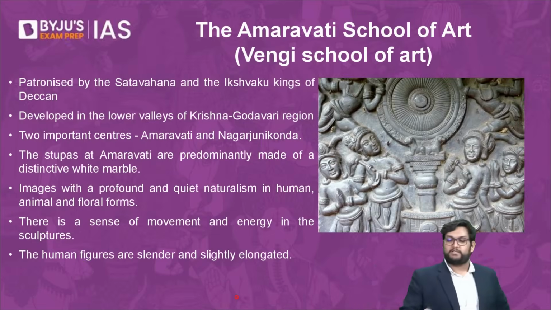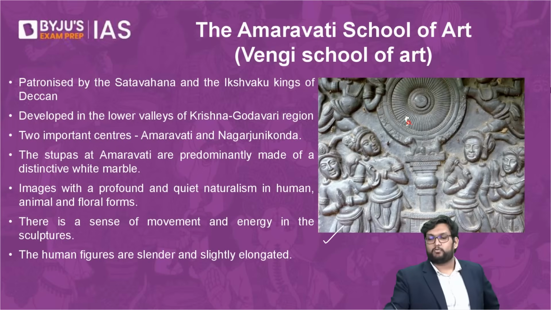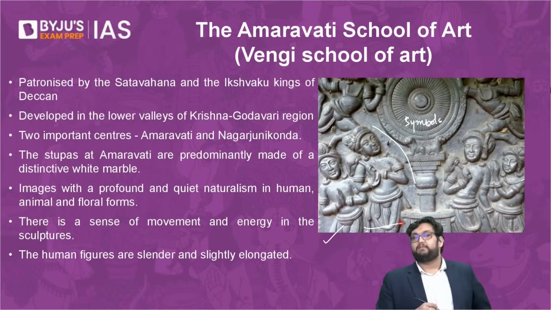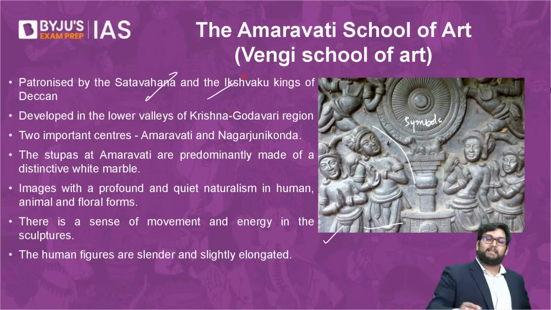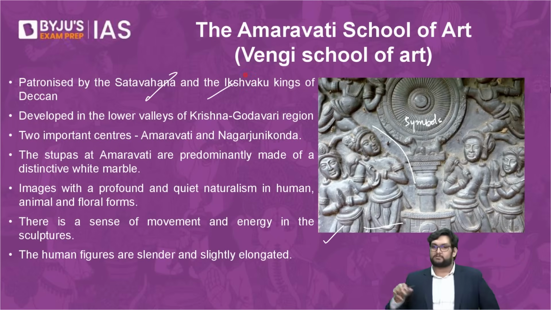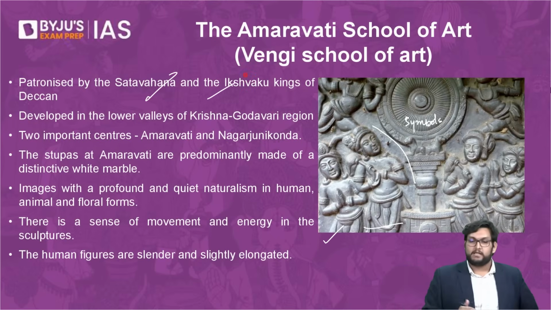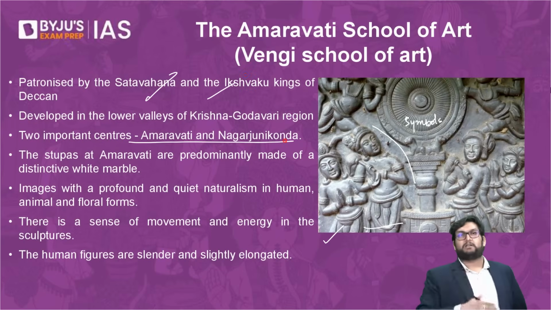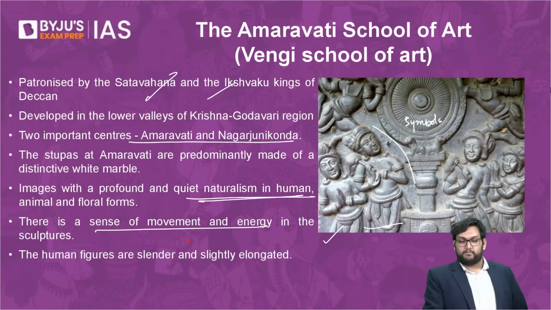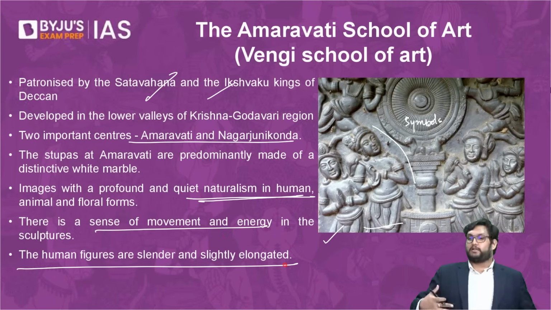Amravati, if you see now, Buddha is through his symbol, the Dhamma Chakra, and now the subsidiary bodies are made very, very well. So Satavahanas and the Ishwakus, these are very local, small local kings of this area. There will be the Nagarjuna Konda sector and Amravati sector, which is very, very important. Naturalism, sense of movement, energy, slender, elongated.